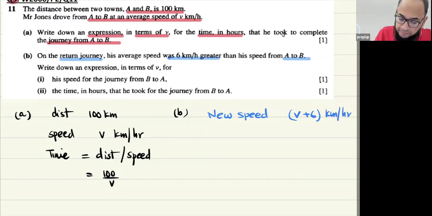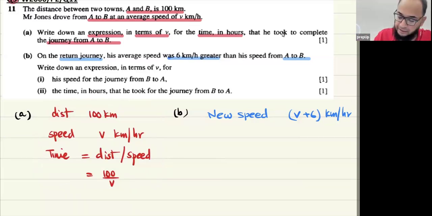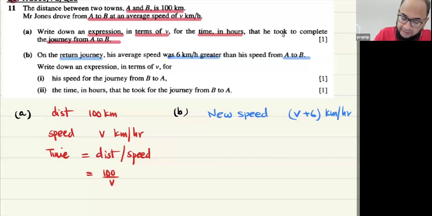Now let me change this into red color so that we know that this is what we did while we were going from A to B. So it's for Mr. Jones. The new speed is V plus 6. The distance is still 100. And his speed for the journey from B to A.